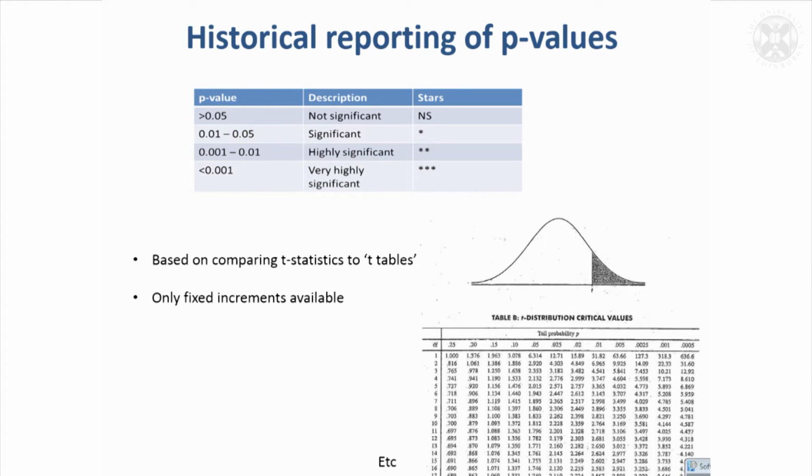And the convention became to give stars depending on how significant a result is. So if it was just significant, you'd get 1 star, and then highly significant, less than 0.01 but not less than 0.001, you'd give it 2 stars. For p-values which were very small, less than 0.001, you would get 3 stars.